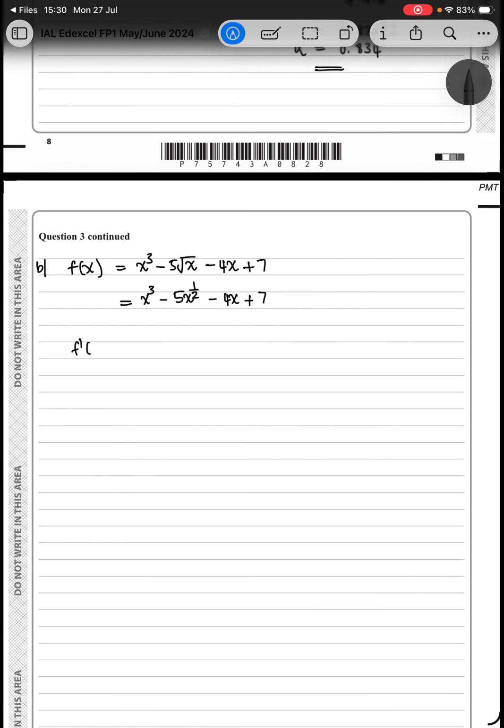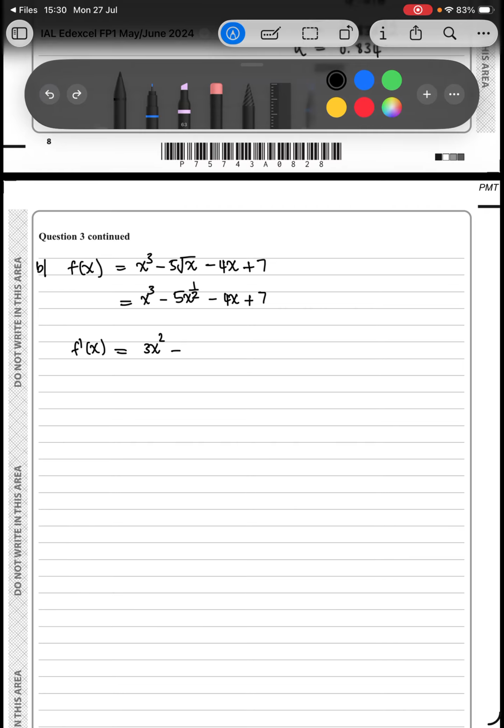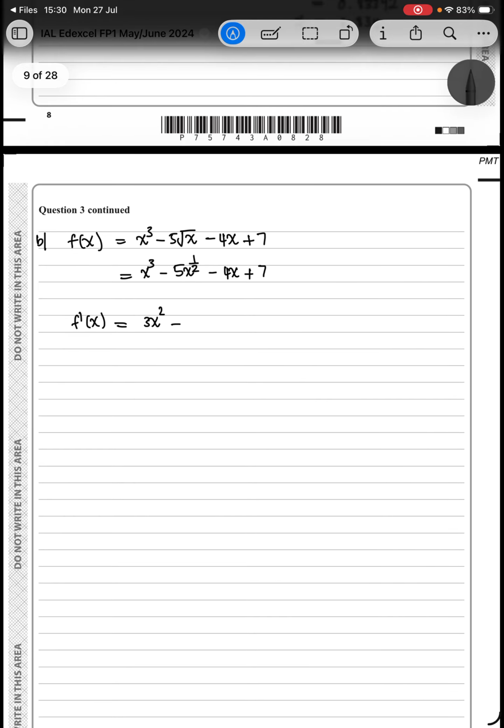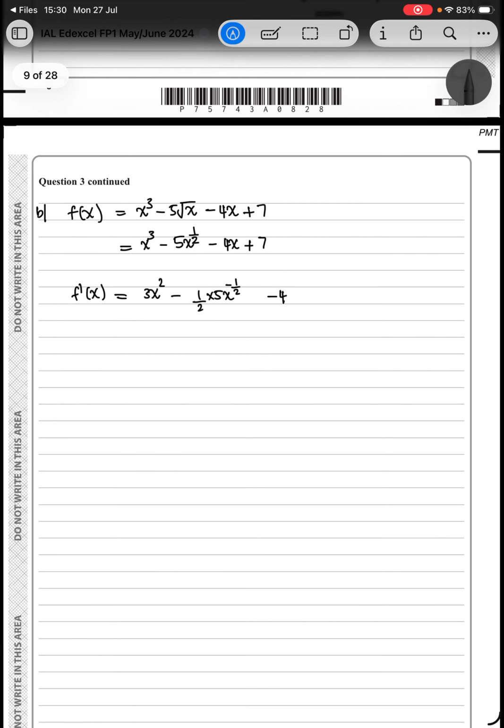So f dash x is going to be: x cubed differentiated will be 3x squared, minus 5x to the power half will be half times 5 x to the power half minus 1, which is minus half, and then minus 4x differentiated will be minus 4, plus 7 differentiated will be 0.